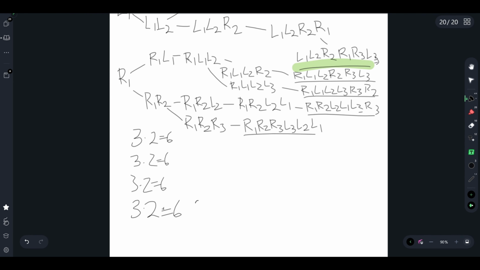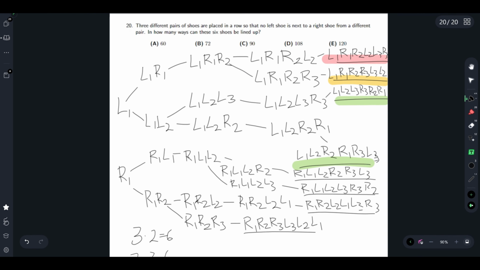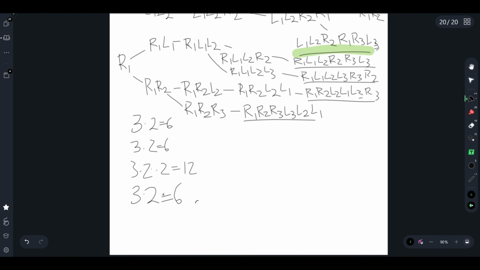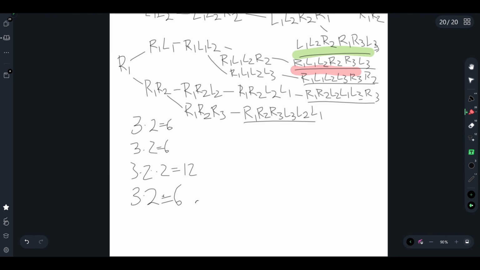Correction is this can be multiplied by another 2. And we see this because here the last 2 can be interchanged. The last 2 can be R1, R2, or R2, R1. So that's 12.